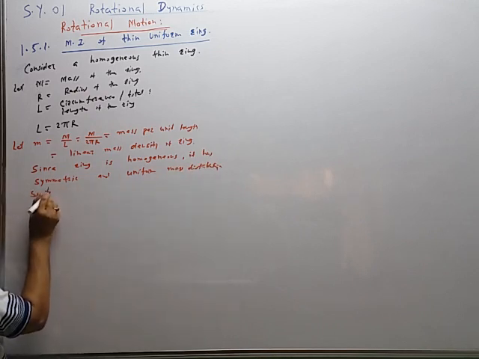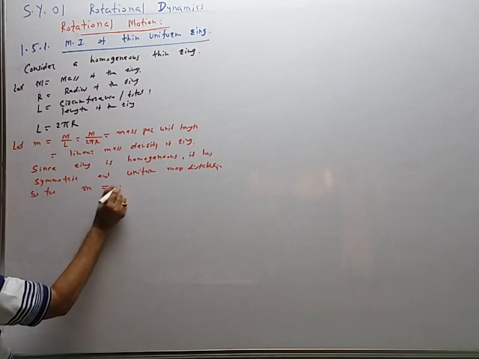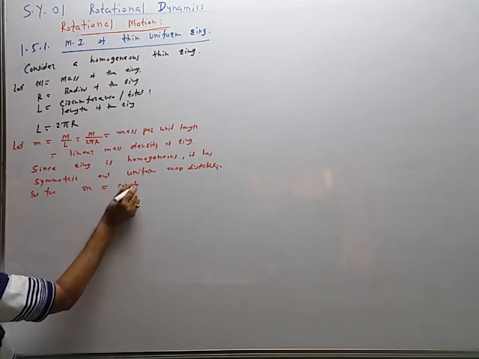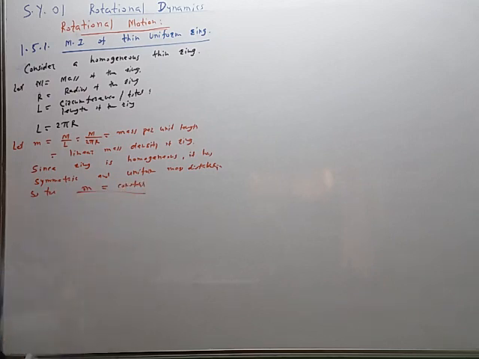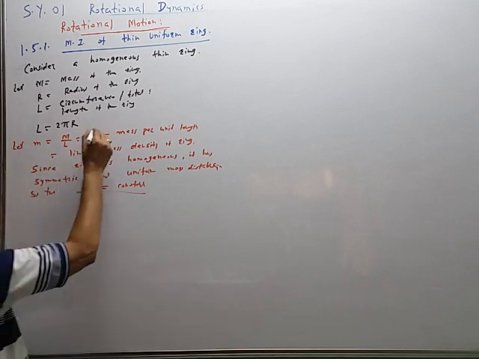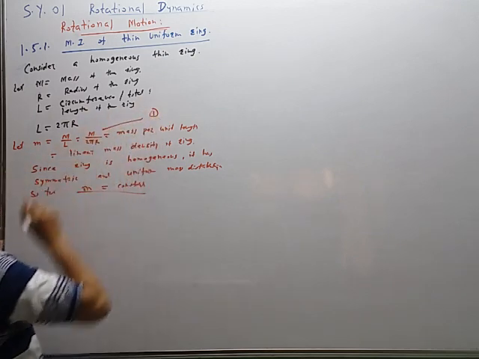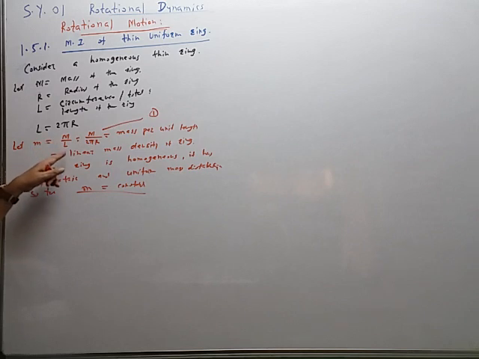So that small m is equal to constant. So I will use this equation as number 1. Mass per unit length is equal to M upon L is equal to M upon 2 pi r, like this.